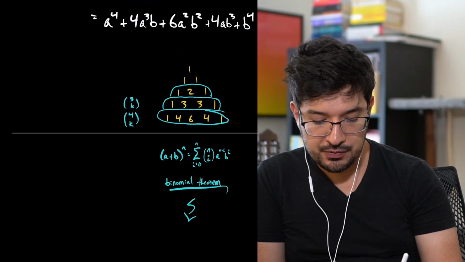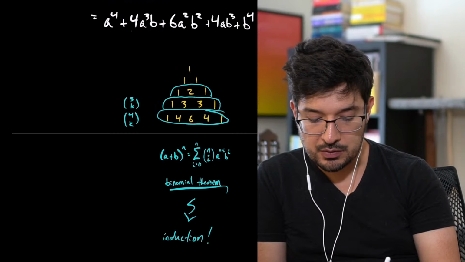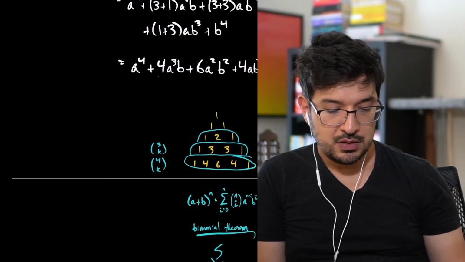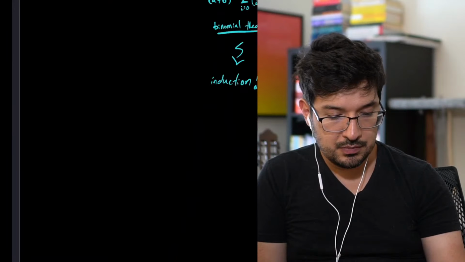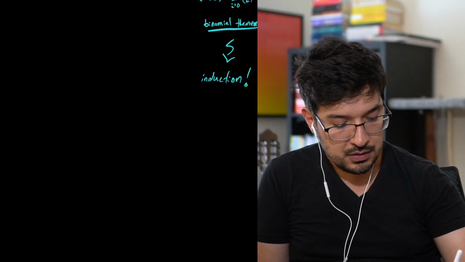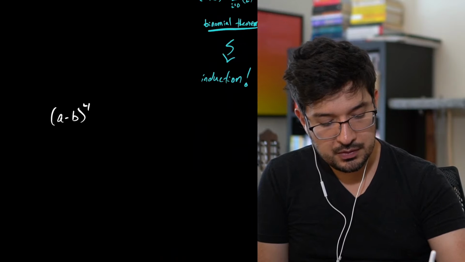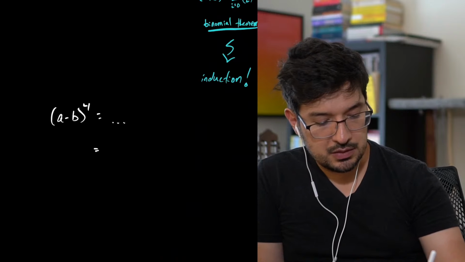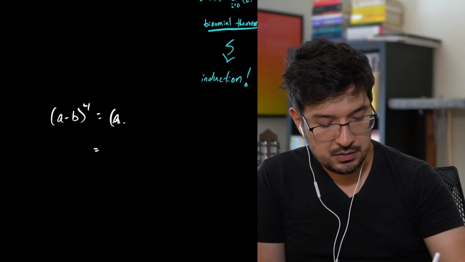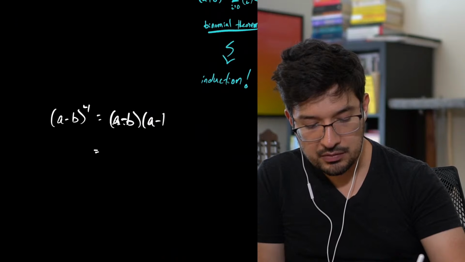You can even prove it with induction, which we've introduced in the most recent videos. So that's pretty freaking cool. Now, a minus b to the fourth, you can work through this yourself. I want to leave this as an exercise.